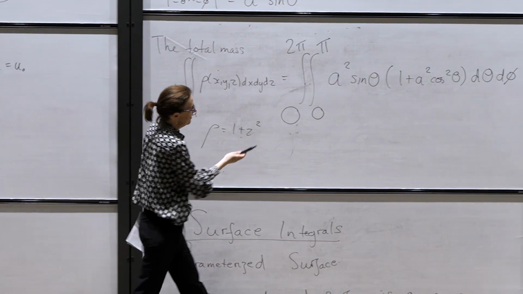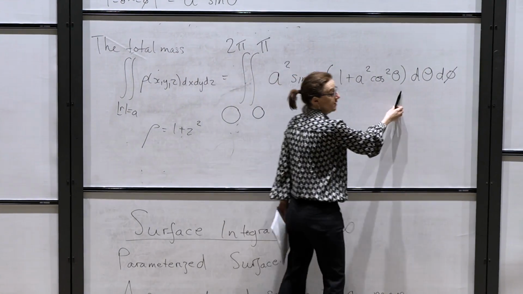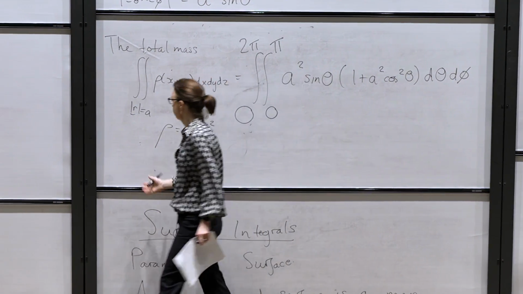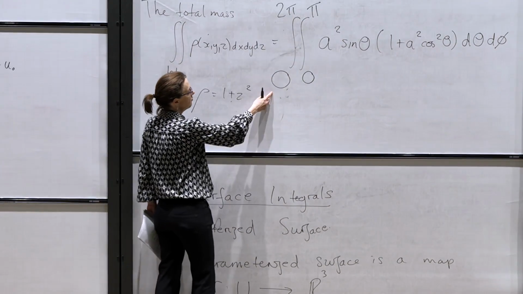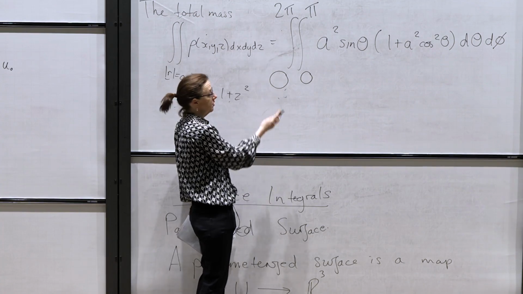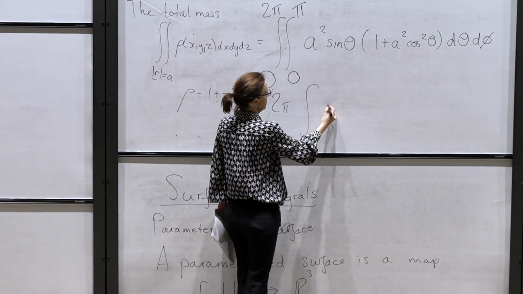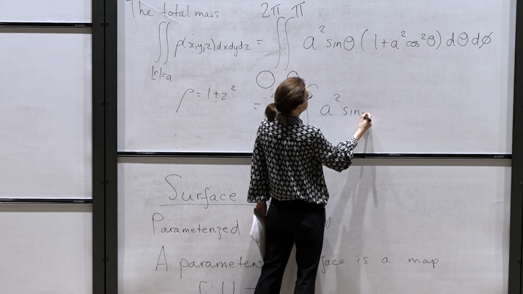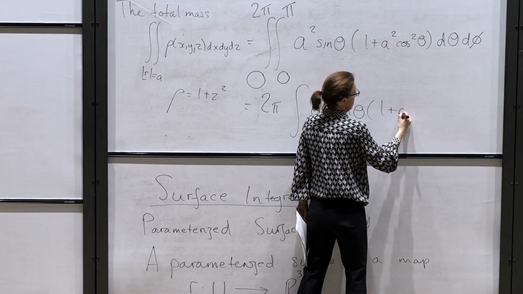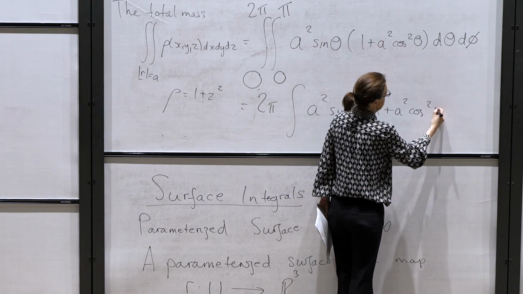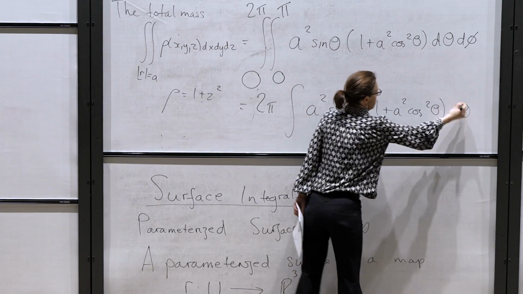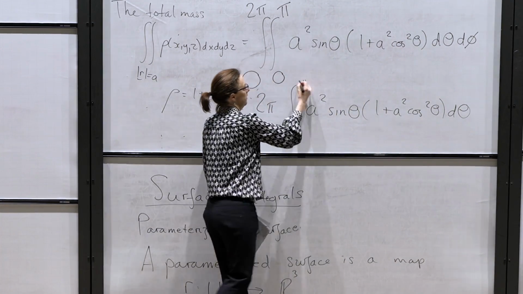So once again, this integrand doesn't depend on phi, which you often find in these problems. So the integral with respect to phi between 0 and 2 pi just gives us a 2 pi in front of the integral a squared sine theta (1 plus a squared cos squared theta) d theta between 0 and pi.